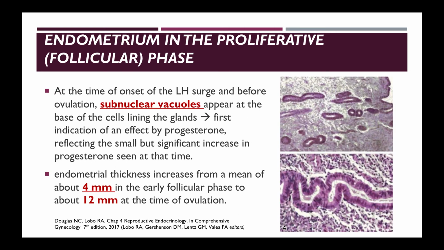So at the time of onset of the LH surge and before ovulation, subnuclear vacuoles appear at the base of the cells lining the glands. Now, these are the first indication of an effect of progesterone, reflecting the small but significant increase in progesterone seen during this time. Endometrial thickness increases from a mean of about 4 millimeters at the start of the proliferative phase to 12 millimeters at the time of ovulation.